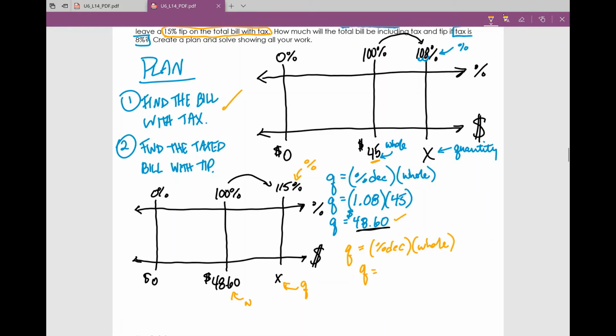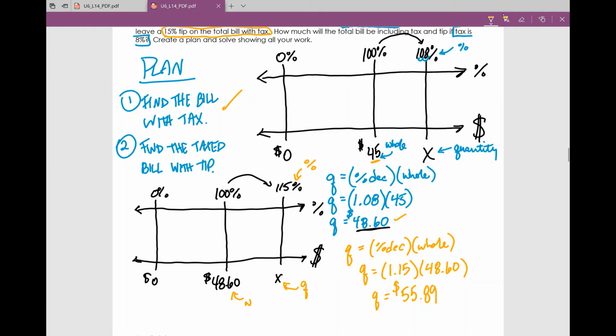Quantity equals 1.15 this time times 48.60. And we're going to plug it into the calculator. We get $55.89.